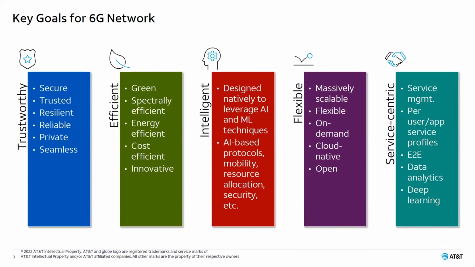And service-centric. As I said, everything finally boils down to what service we are providing. We can feel extremely proud that certain 5G features have been added, or certain specific features have been added into specific layers or domains.